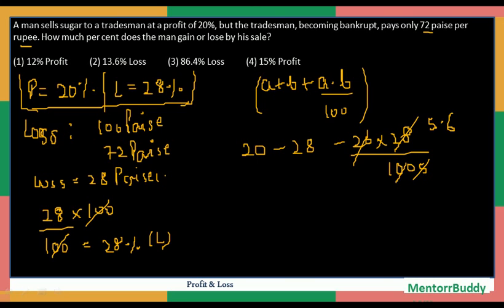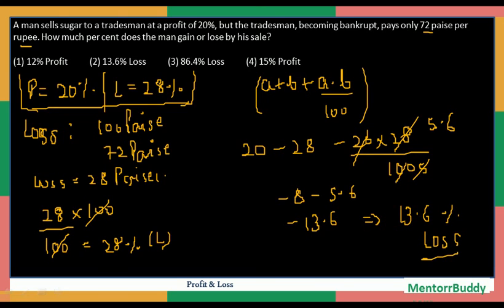So solving this becomes minus 8 minus 5.6, that will be equal to minus 13.6, and minus 13.6 represents a loss of 13.6%. So in that case the correct answer is going to be the second option, that is 13.6% loss.